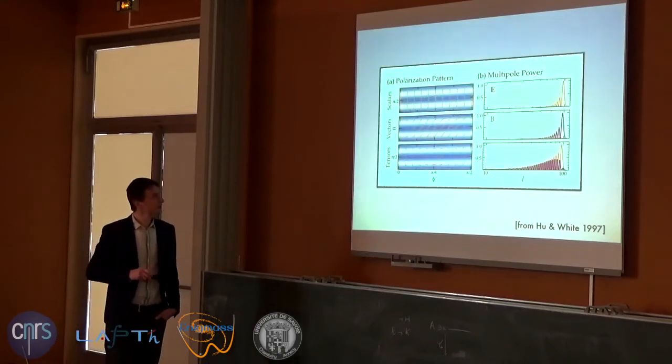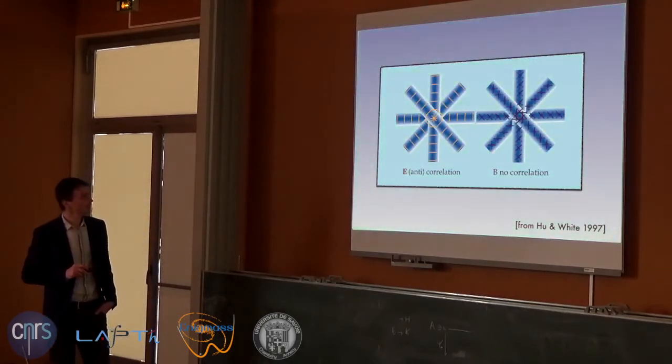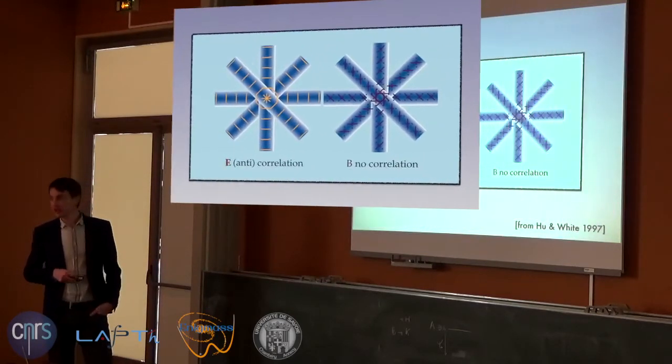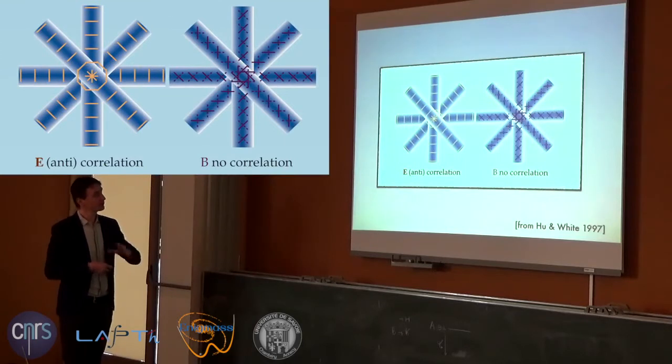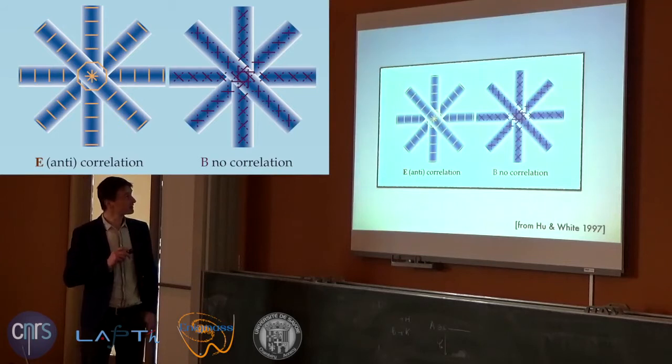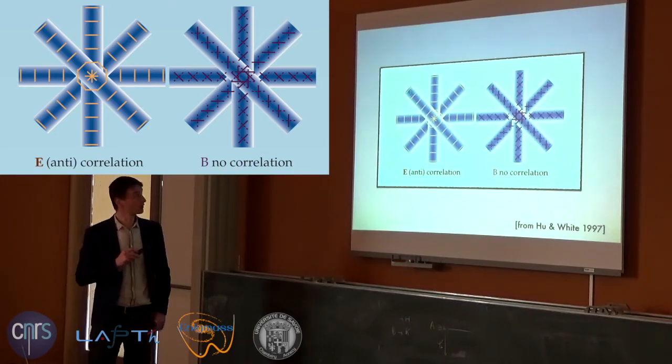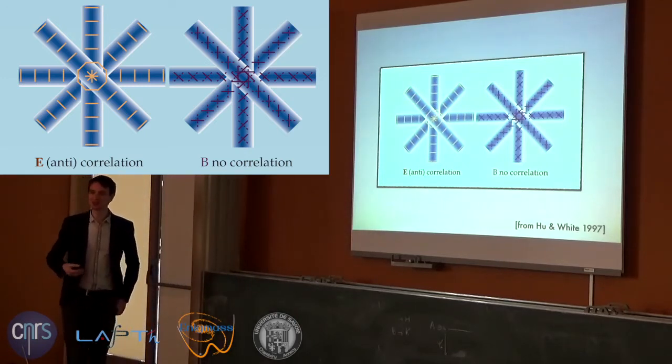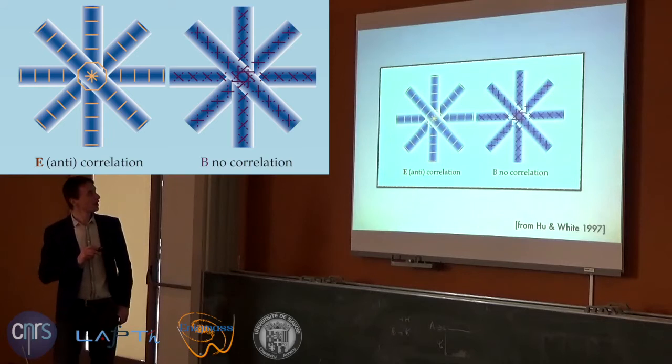But now, let's try to understand these different modes. If you have a fluid of photons with a temperature distribution, and the temperature is on very large scales given by these bars, saying that, for example, at the dark center of the bar you have hot gas, and on the white edge you have cold gas. So you get a low temperature from here and you get a high temperature from here. Let's forget about what the temperature of the gas was, because actually it's the gravity that gives the temperature.